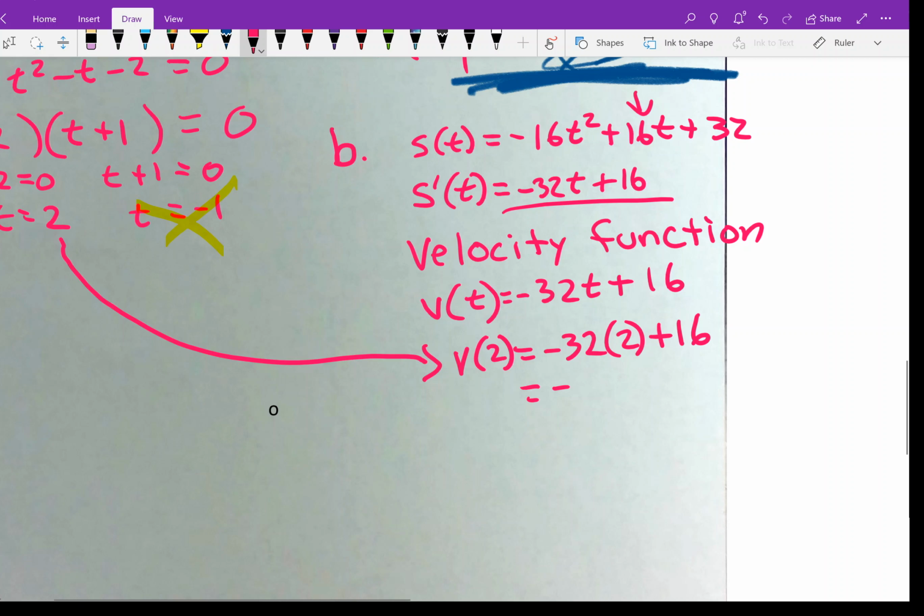That's negative 64 plus 16, which equals negative 48, right? So my v of 2 equals negative 48, but I need to put down my unit of measurement, which is feet per second. That's B.